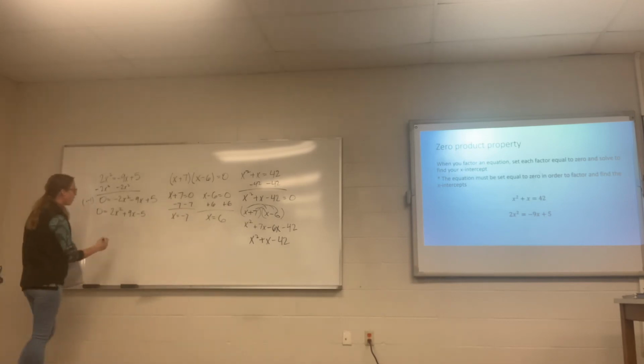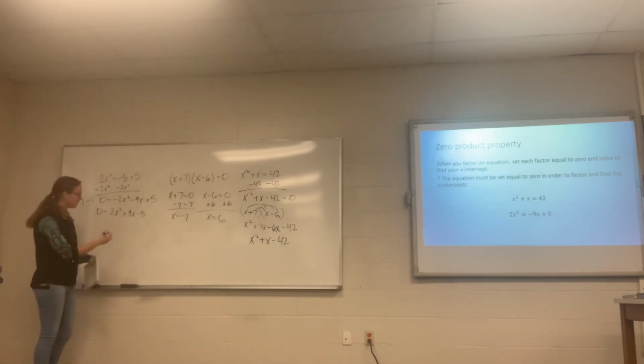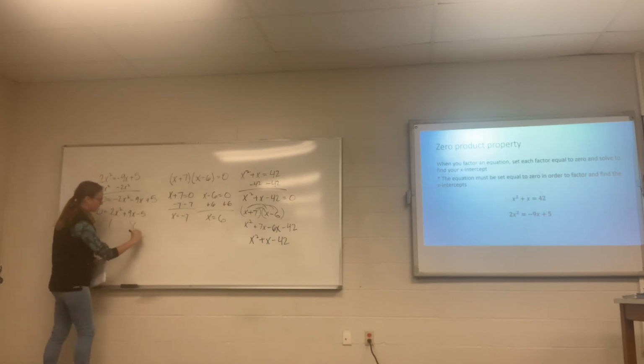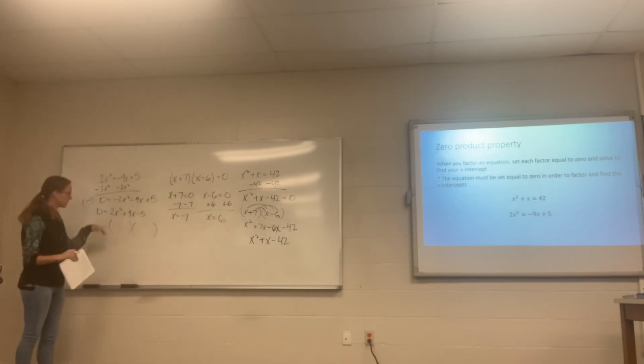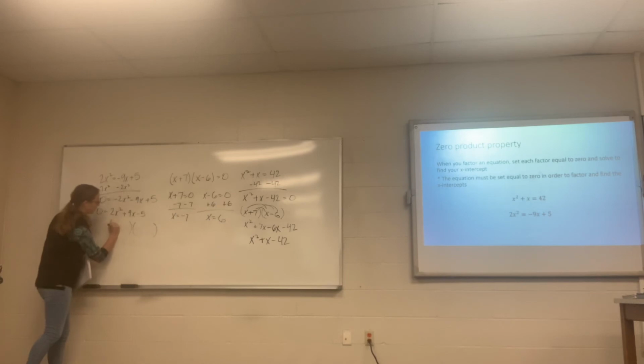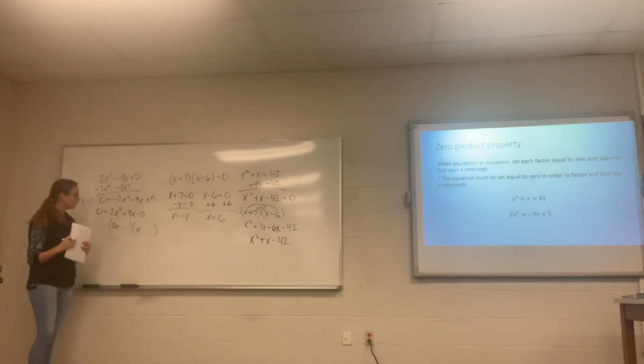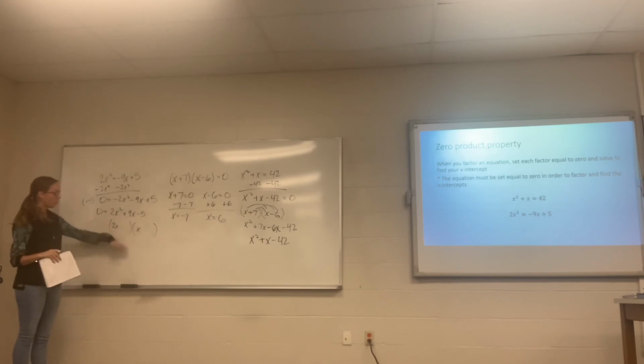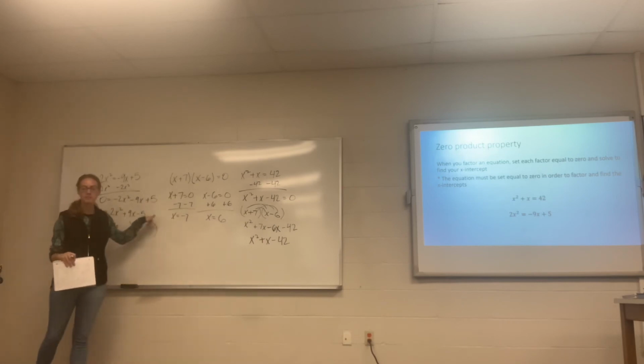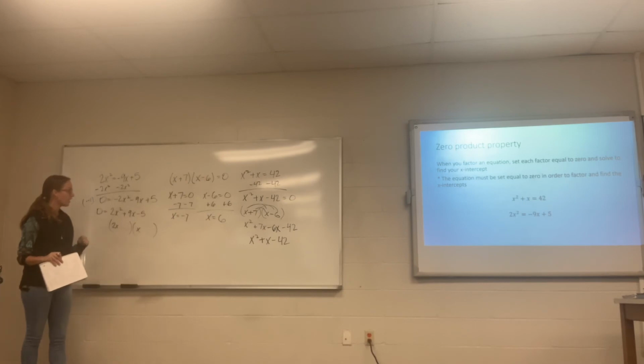Okay, so now 2x squared plus 9x minus 5. We're going to factor this. Because I have the 2x squared, I'm going to put 2x in one and then x in the other one. Now I want to think what two numbers multiply to give me -5. I could do -5 and 1, or -1 and +5.